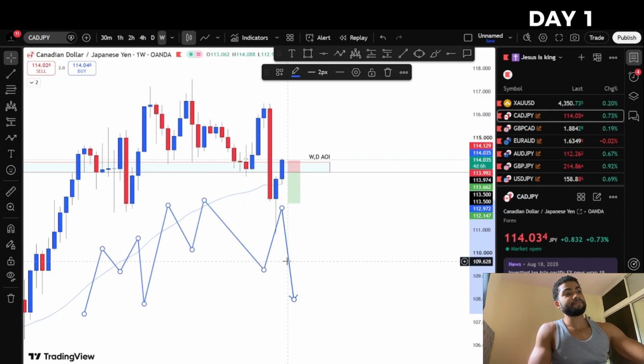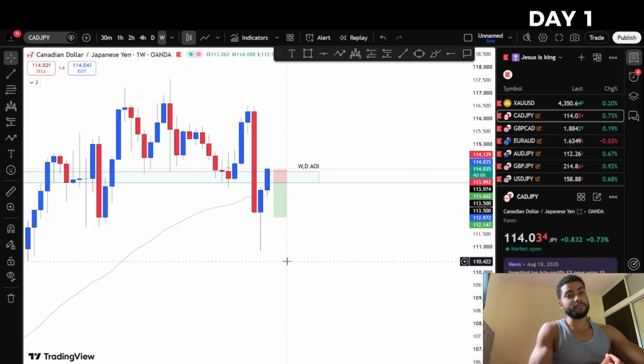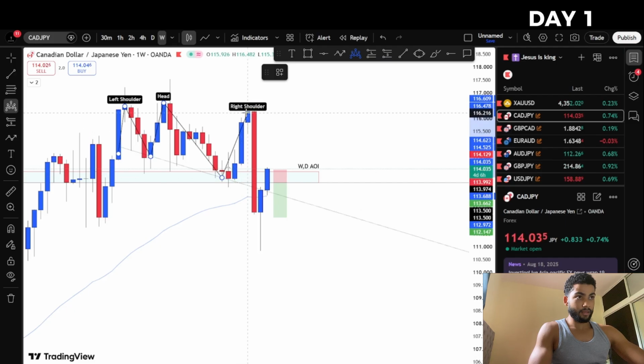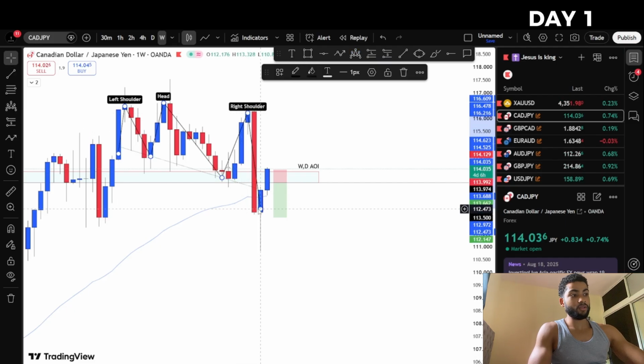In this case, the weekly time frame is bearish. And I also have what I like to see, which is a head and shoulders. I have left head and right shoulder.